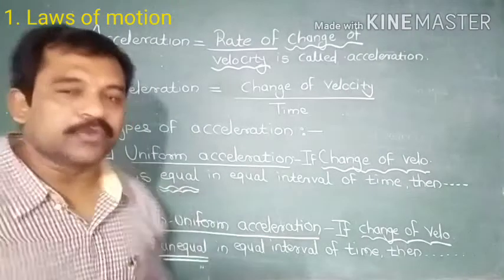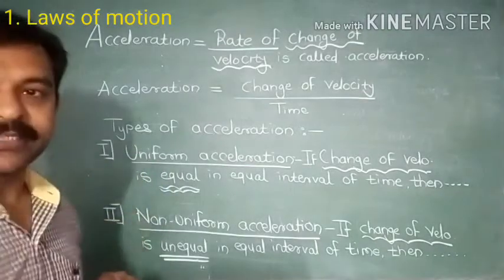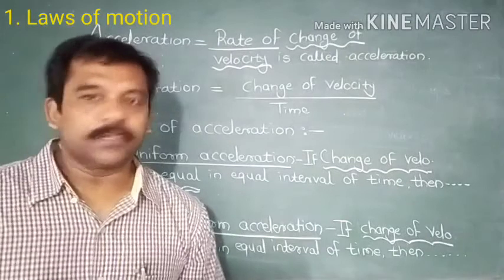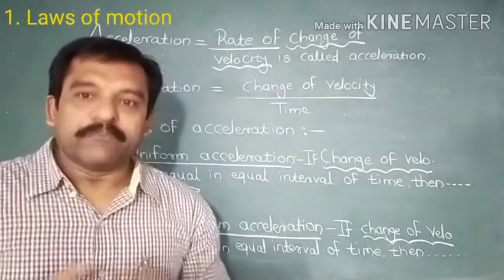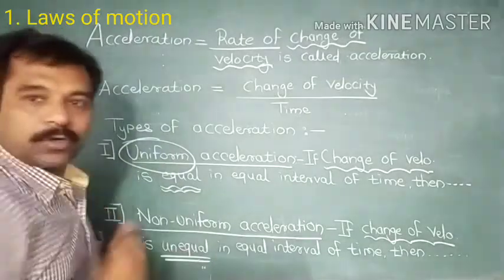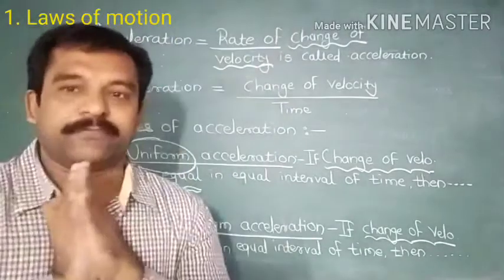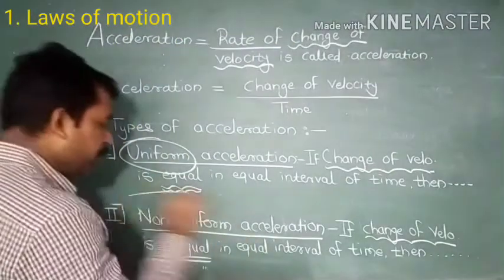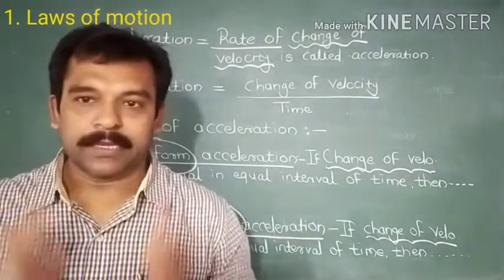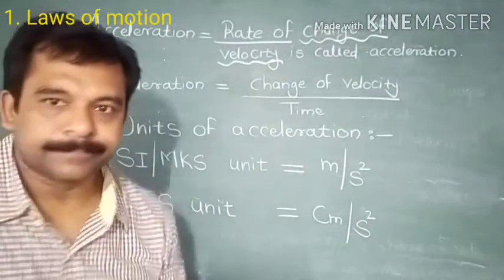If anybody asks you to differentiate between these two, the first point is the definition. Now what will be the second point? For the second point, just keep in your mind, whenever any term is uniform, then the graph of it is always a straight line graph, and for non-uniform, the graph is not a straight line. Units of acceleration.